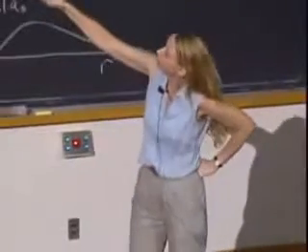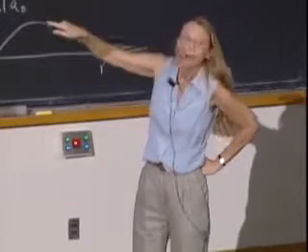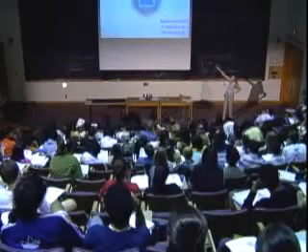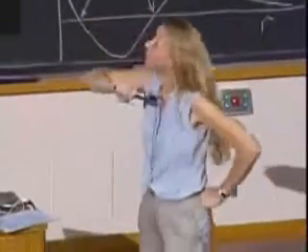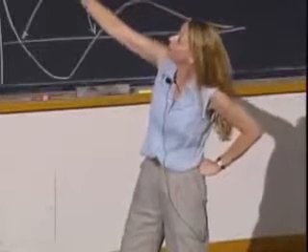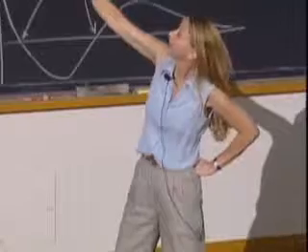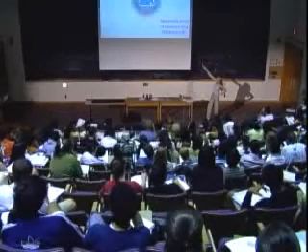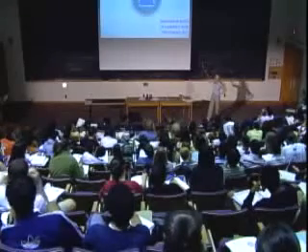It has a radius r, and it has a thickness dr. So the radial probability distribution is the probability of finding the electron in this spherical shell, which is a distance r from the nucleus and has a thickness dr.